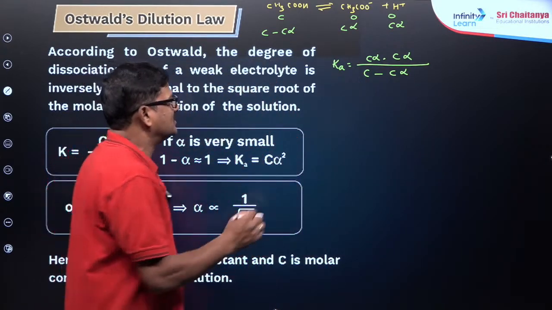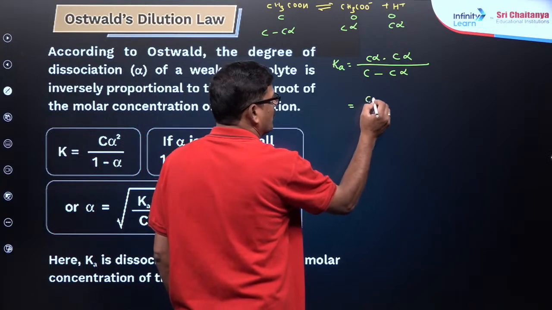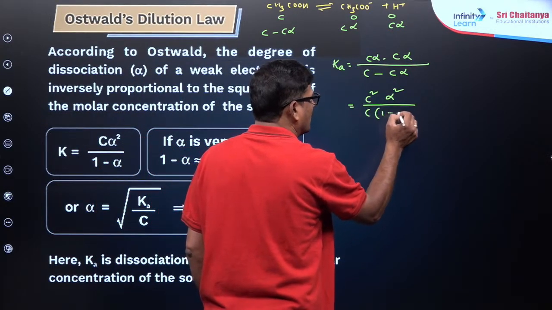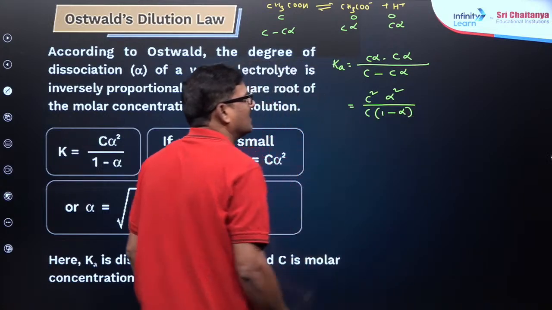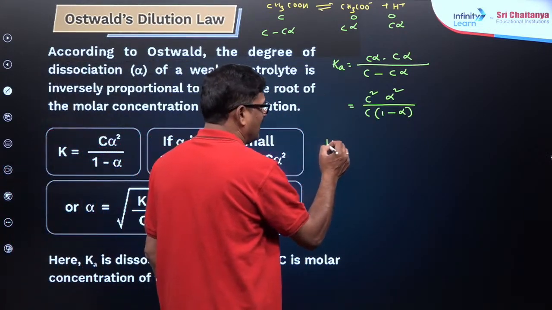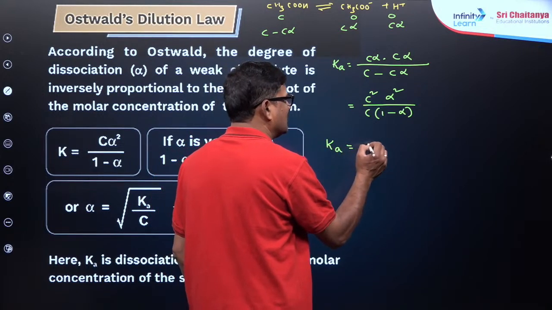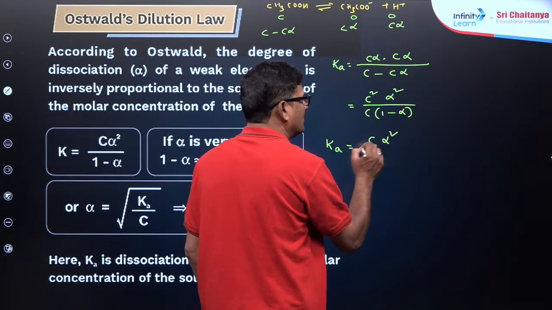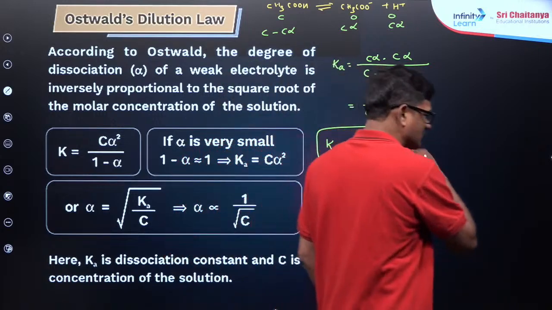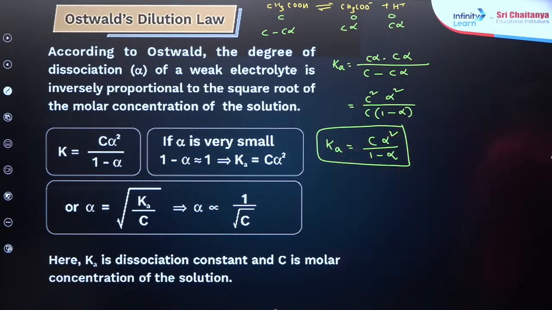I can write it as C square alpha square over C of 1 minus alpha. So C cancels, and Ka is equal to C alpha square by 1 minus alpha. This is the acid dissociation constant, and similarly the base dissociation constant.